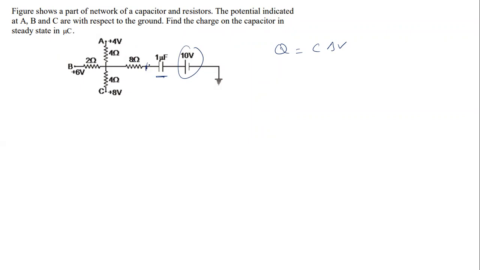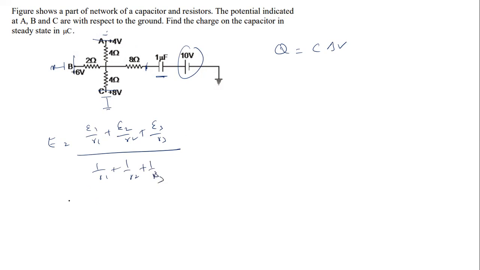So these are all connected in which combination? They are all connected in parallel combination. Clear? With respect to ground, what does it mean? Here this is positive and the other is negative, grounded. Here it is positive, grounded. Here it is positive, grounded. So how do you write the effective EMF? E is equal to E1 by R1 plus E2 by R2 plus E3 by R3, divided by 1 by R1 plus 1 by R2 plus 1 by R3.